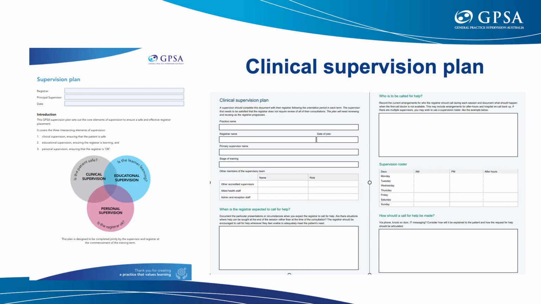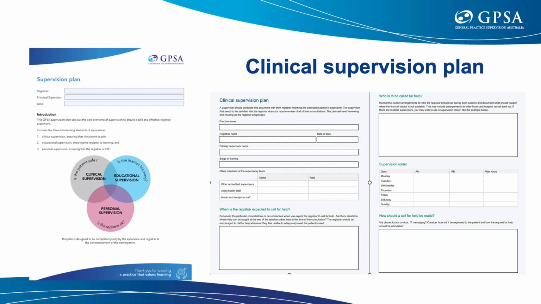So that's good. Another resource that I would point you to, if you're not already using it or a version of it, is the so-called clinical supervision plan. And this is a really nice document that I was introduced to as a GP Synergy medical educator. The RACGP, on the right, have developed their own clinical supervision plan.